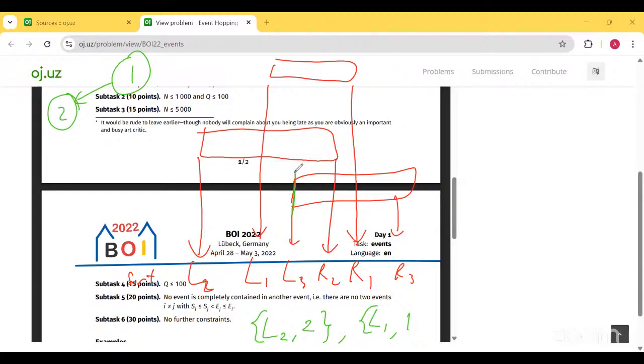If we only check here, okay, yes. Sometimes R is greater and we should not use this.